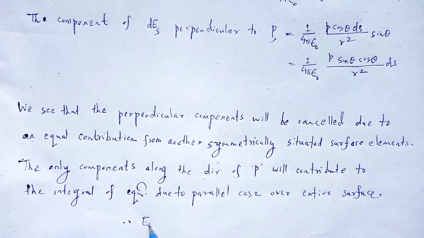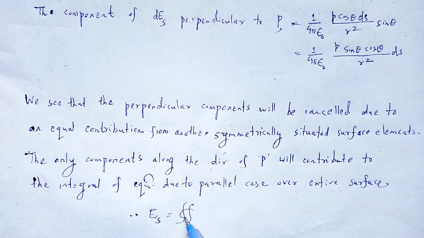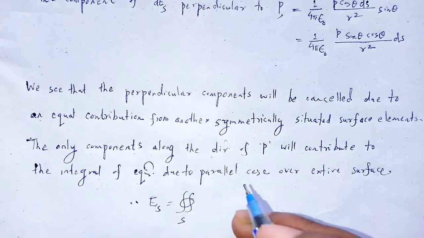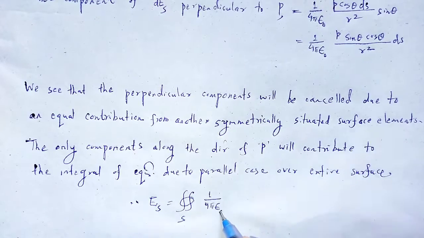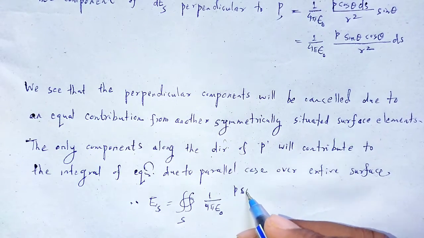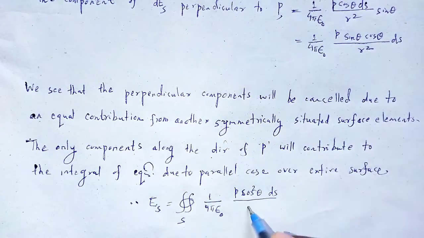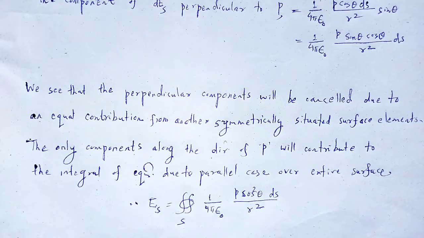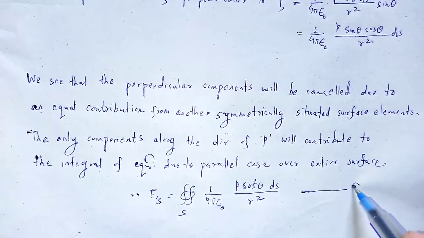Therefore, Es is equal to the closed surface integration of 1 by 4 pi epsilon naught P cos square theta dS divided by r square. Equation number 9.